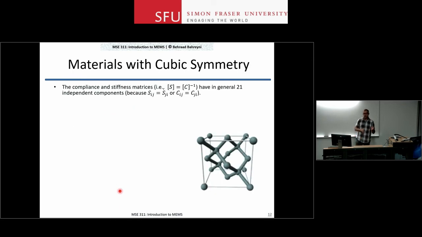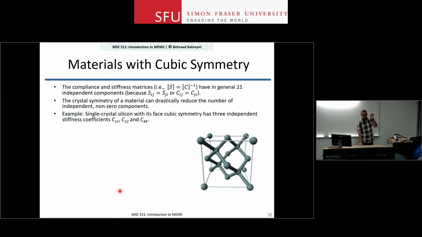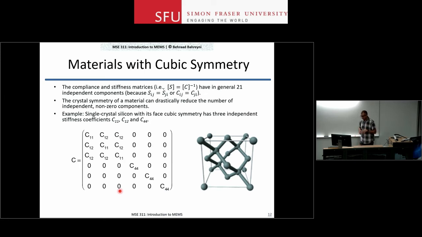You get additional simplifications. So let's just focus on materials with cubic symmetry, where FCC is one of them. Silicon or the diamond-type crystal shape is one of them. You can show that the symmetry that you get from the crystal shape reduces the number of coefficients significantly.